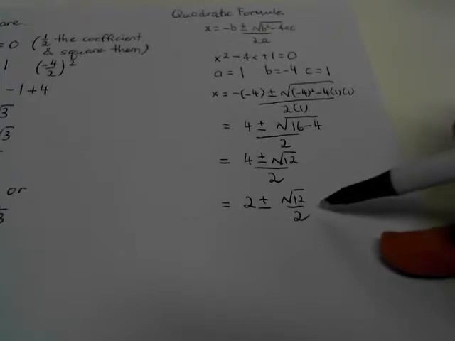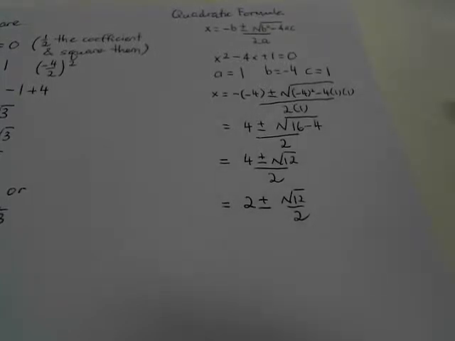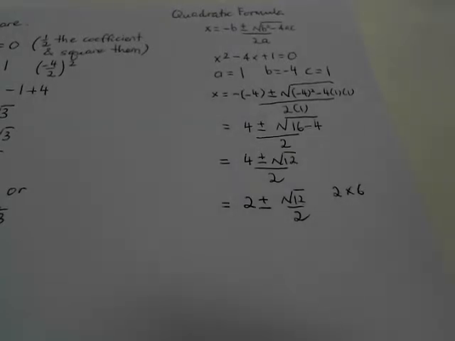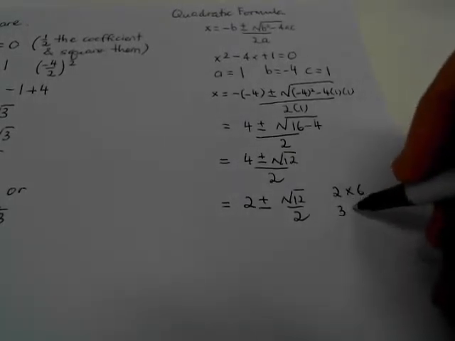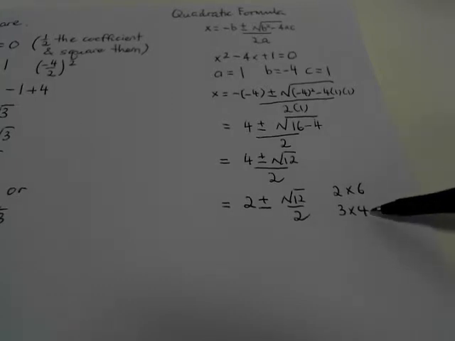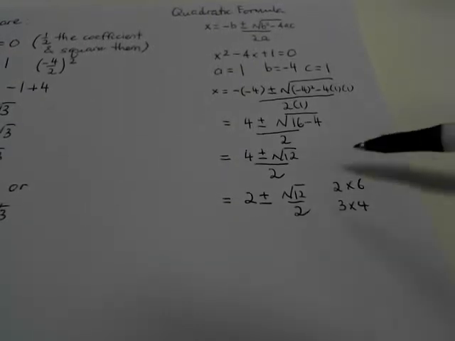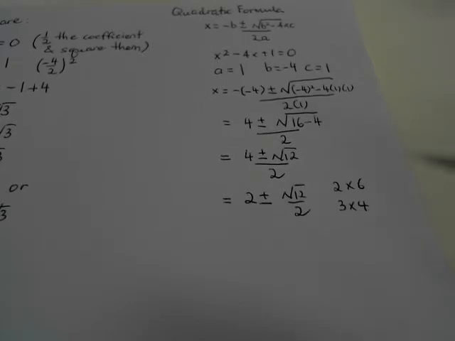Alright, so what sort of numbers will give you 12? 2 and 6, and the other would be 3 and 4. Now, having looked at these numbers, which number do you reckon can be square rooted? 3 and 4, because the square root of 4 will give you 2.